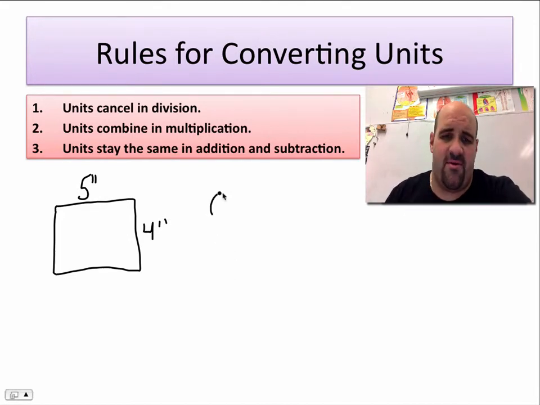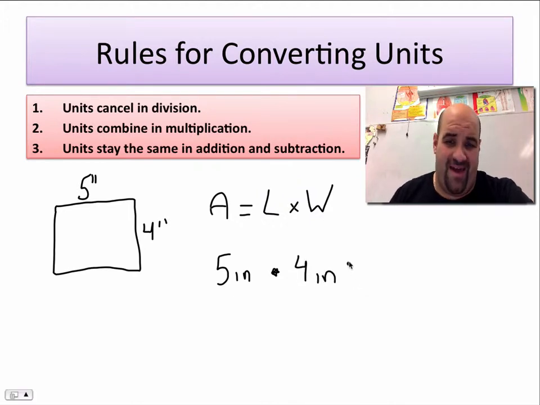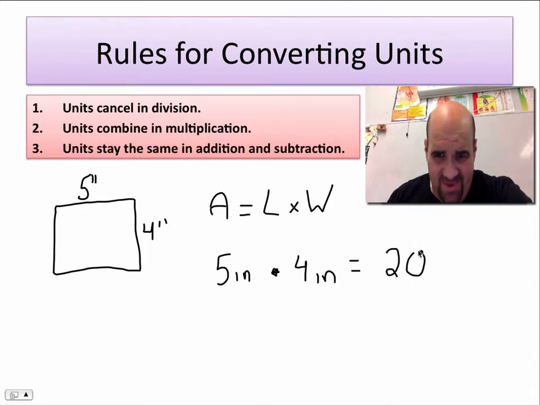Some of you might know that area equals length times width. So we would take 5 inches and multiply that by 4 inches. Well, we know that 5 times 4 is going to be 20. But what do we do with these inches? What's an inch times an inch? We said that units combine in multiplication. So an inch times an inch is going to be an inch squared.